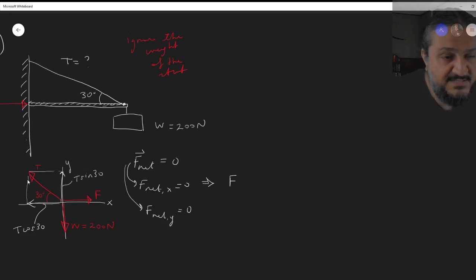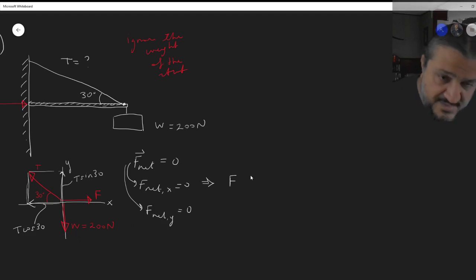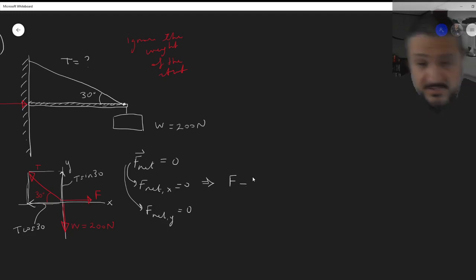Because this side is opposite to 30. So let's include T cosine 30 in this equation. F net is the net force, so F to the right, T cosine 30 to the left, therefore minus T cosine 30 is equal to 0.